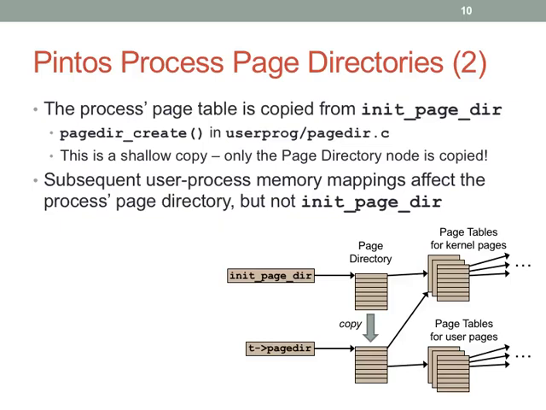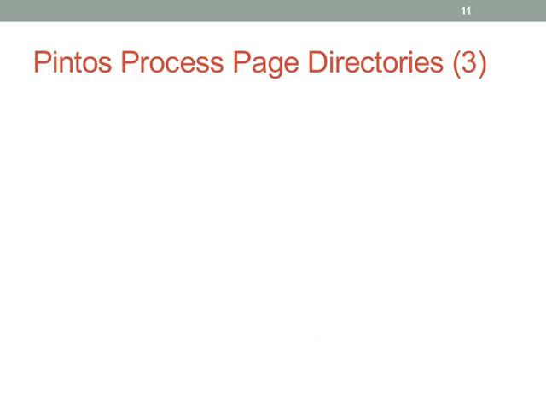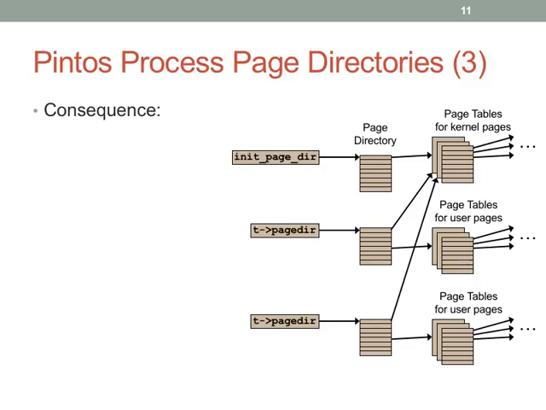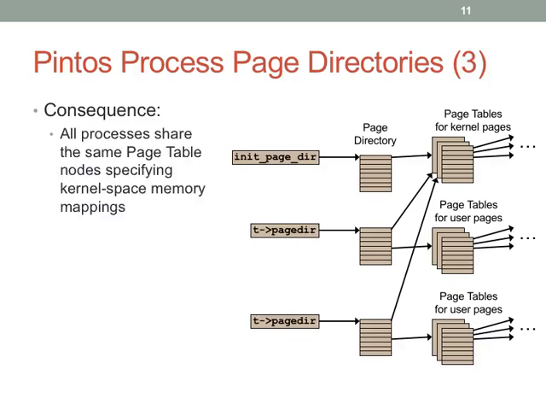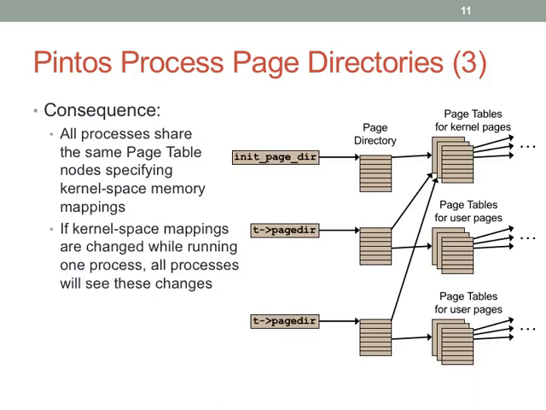So that's the interesting thing. It's really clever, actually, how this is done. But this is kind of what you end up with. Various processes, all sharing the kernel address mapping, but having their own user space address mappings. While you would normally think of these as separate trees, in fact, they share a big subtree for the kernel. So all processes share the same page table for the kernel space memory mappings.